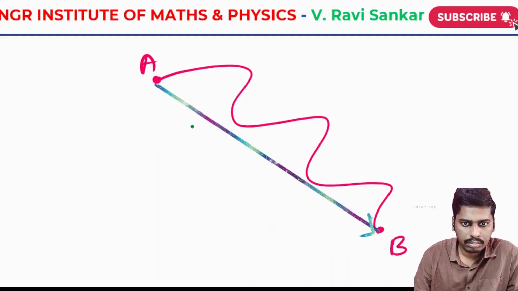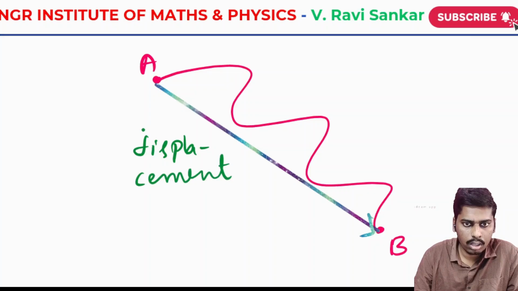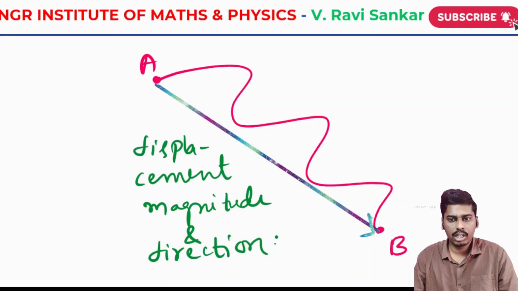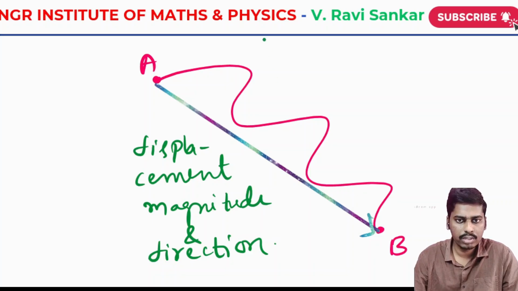This is the displacement magnitude and direction. Okay, I think you understood this.